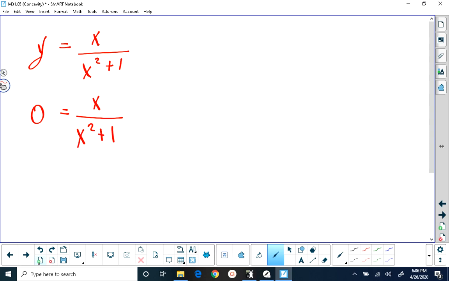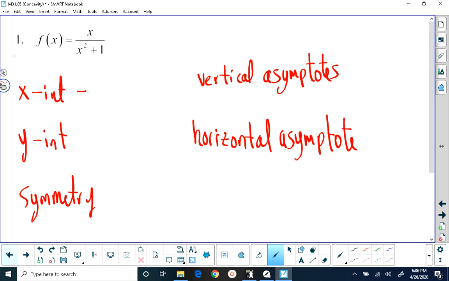Well, the only way that x over x squared plus 1 can equal 0 is if the numerator of that is equal to 0, which means the x-intercept is equal to 0. 0 is the only 0 of this function. It's the only value of x that will make the whole function 0. So we can go back and we can put that in our list. The x-intercept is equal to 0.